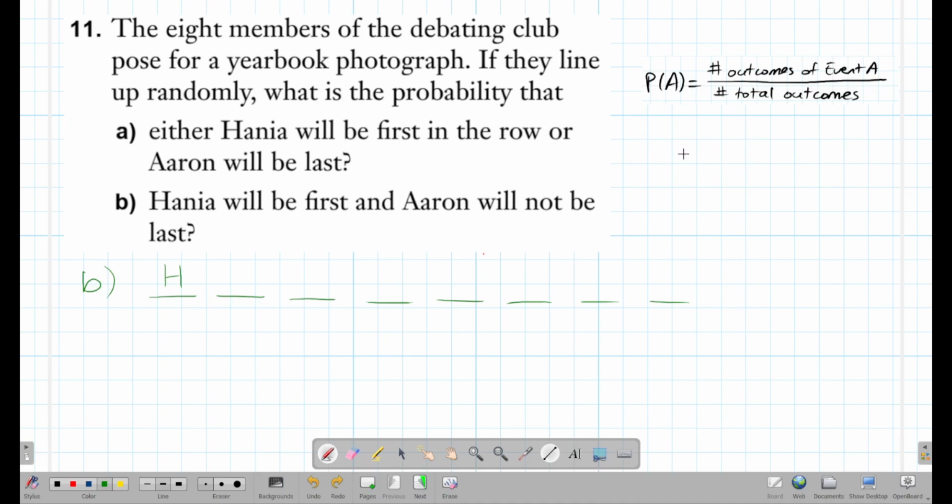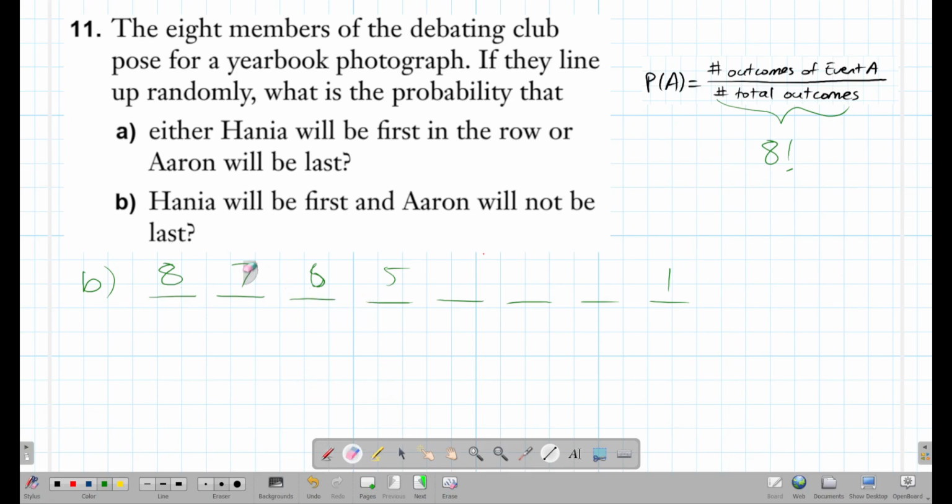We're just considering the total number of ways that we can have these 8 people line up. For example, we can put 8 people in the first position, and then 7 people in the second position, and then 6, and then 5, and so on until we have 1. So our total number of outcomes is going to be 8 factorial. So we should remember this.